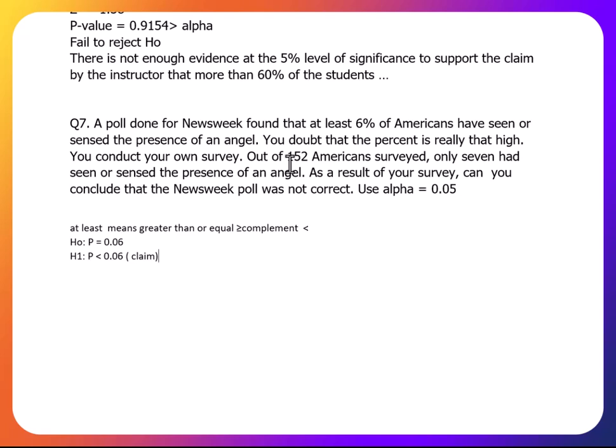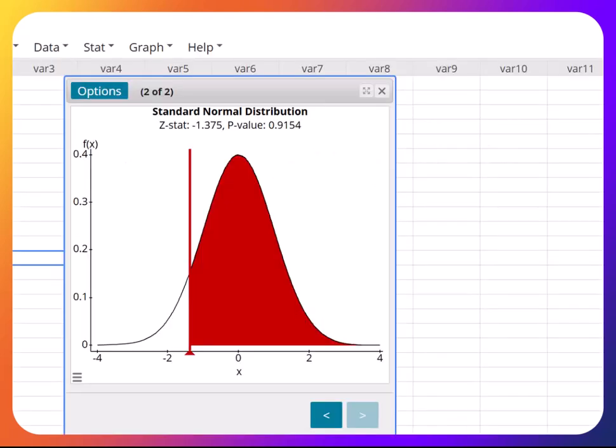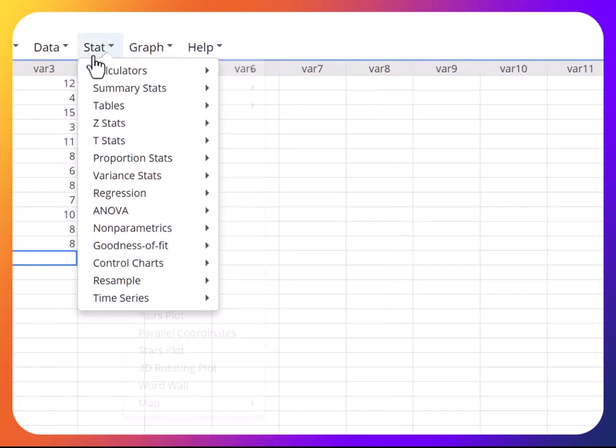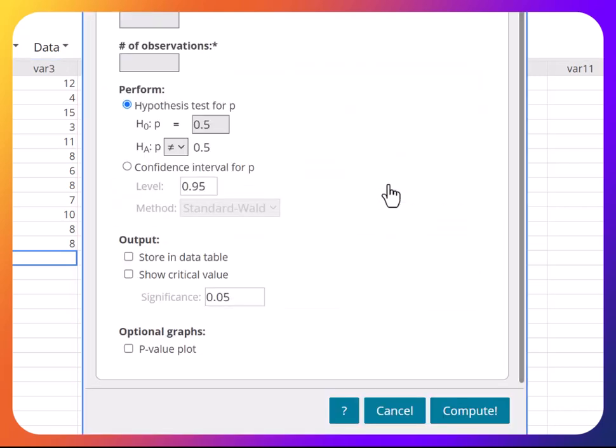So n is 152 and 7 is x, the number of successes. Okay, let's check this one. We need to close that. Stat, proportion stat, one sample, guys, with summary always.